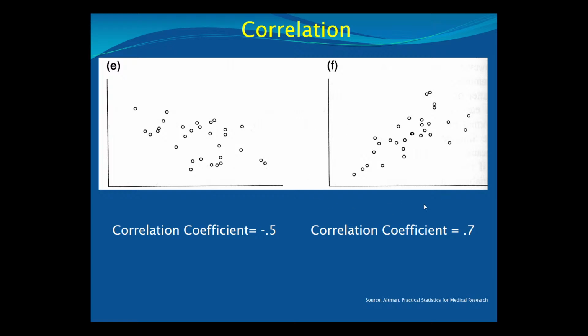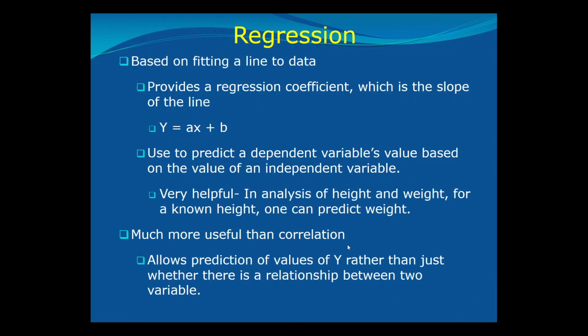And in the graph, we see different slopes for the points. Regression. What is regression? Regression is the mathematical way to represent association, or to represent correlation. Regression based on fitting a line to data provides a regression coefficient, which is the slope of the line.